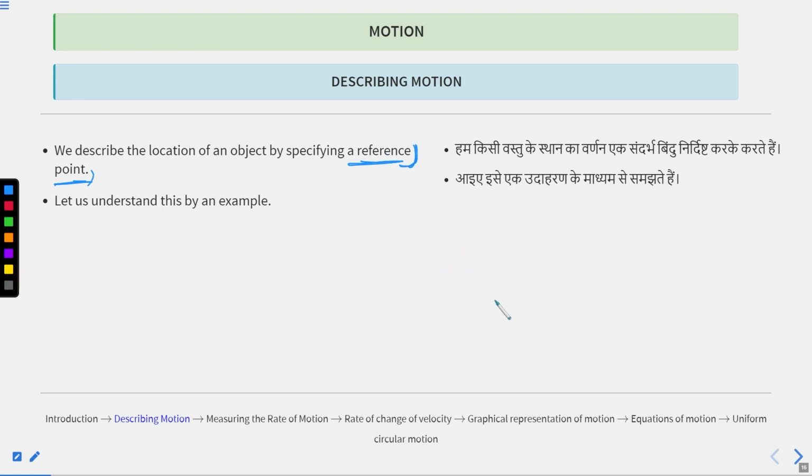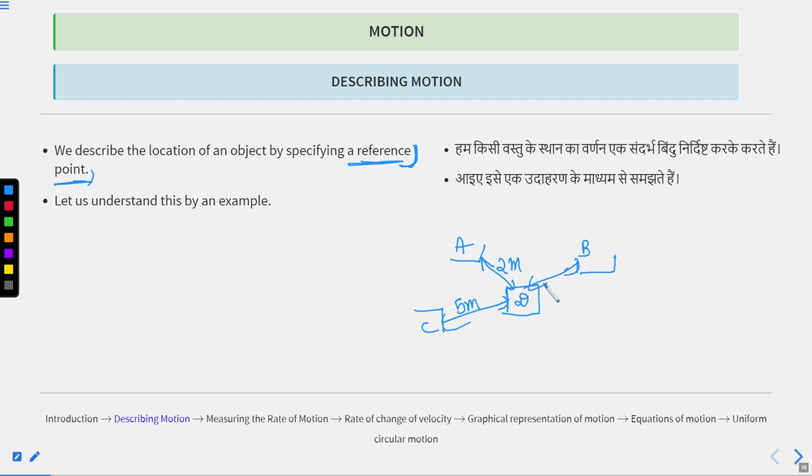For example, in a class, you have 3 friends sitting in 3 different positions, and a fourth friend is sitting here. Friend A says that friend D is sitting around 2 meters away from me. Friend C says that D is sitting 5 meters away.